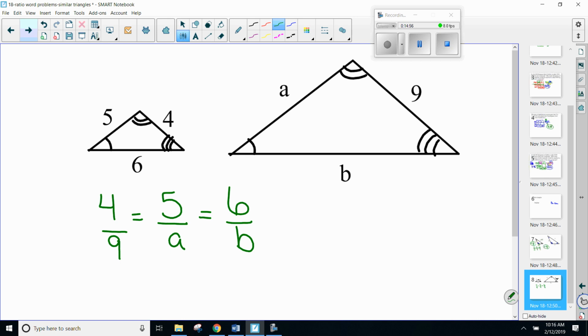So what do you do to find A? 45 fourths. So A is equal to 45 over 4, which is 11 1/4. What is B equal to? Well, now I got to cover up the middle one. So it is 54 over 4, but we need to reduce that. 54 fourths is the same thing as 27 halves.